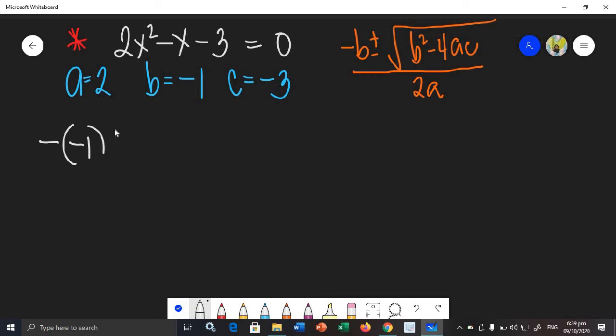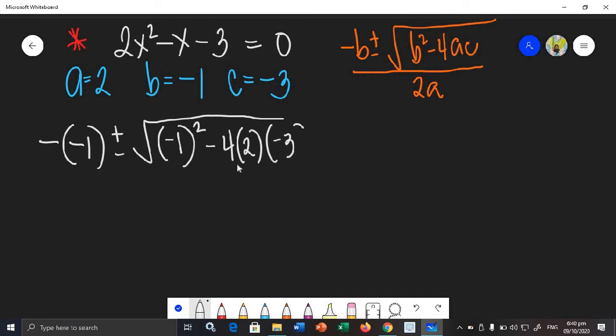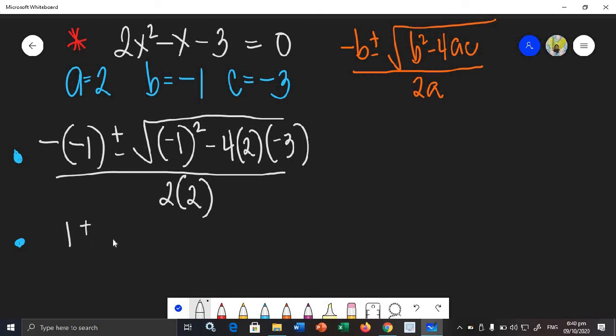So I'm just going to substitute every values of the variables in the quadratic formula. So negative 1, positive negative, square root of negative 1 squared minus 4. Yan. All over 2 times 2. Okay? Now, here, I'm going to simplify everything. Negative 1 squared is 1.